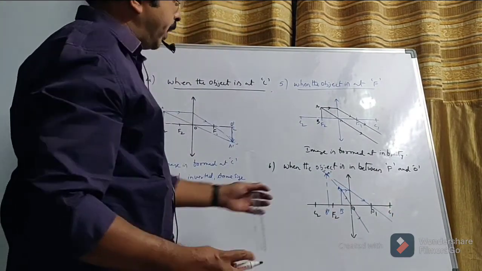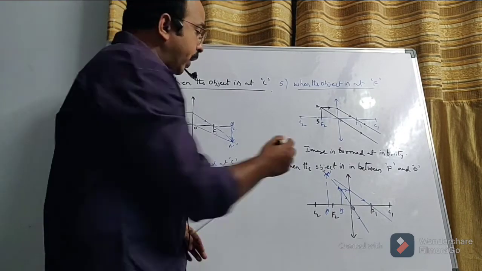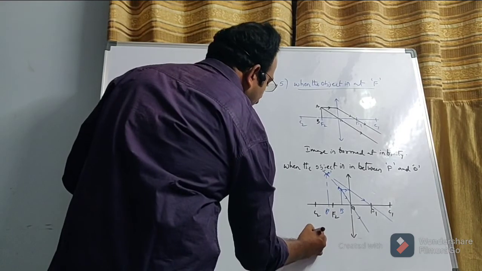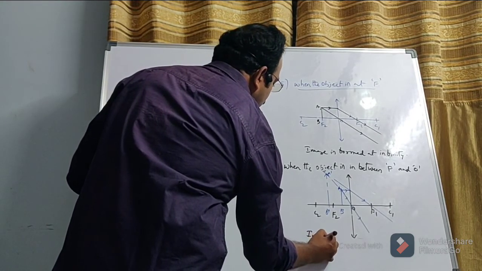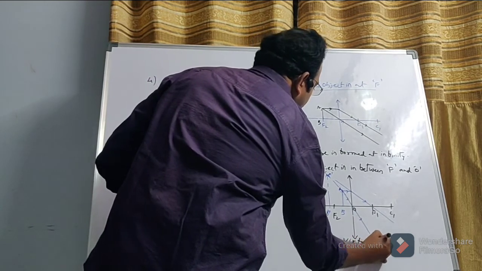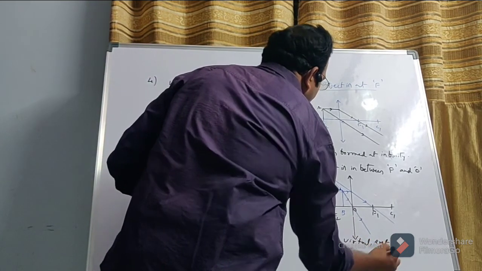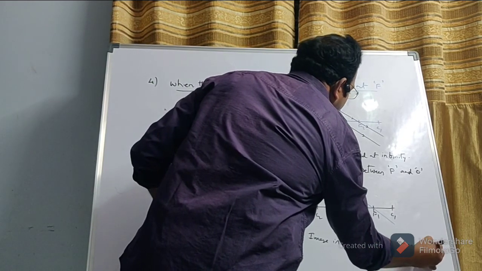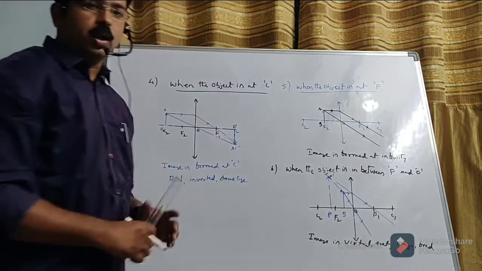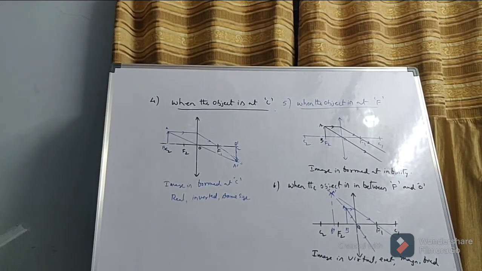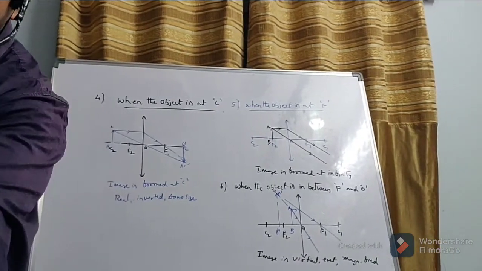So we can call it a virtual image, formed before the lens. This image will be virtual, erect, and magnified. Okay, these are the characteristics you have to remember very well.